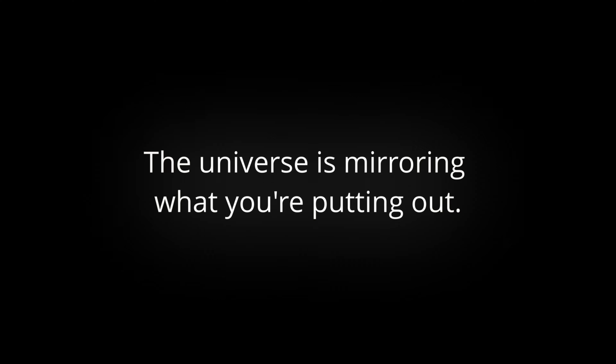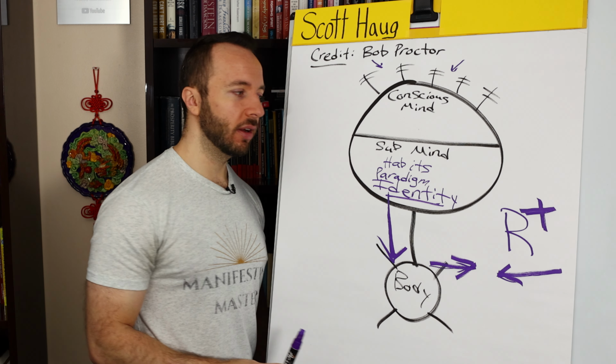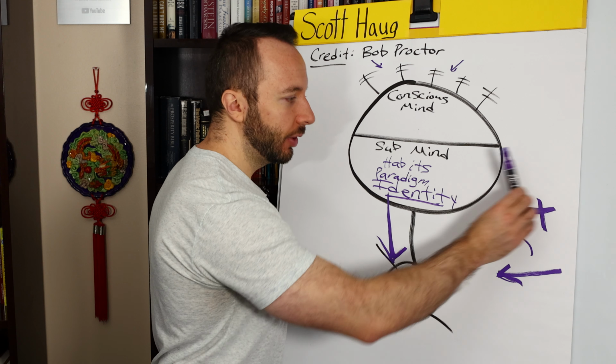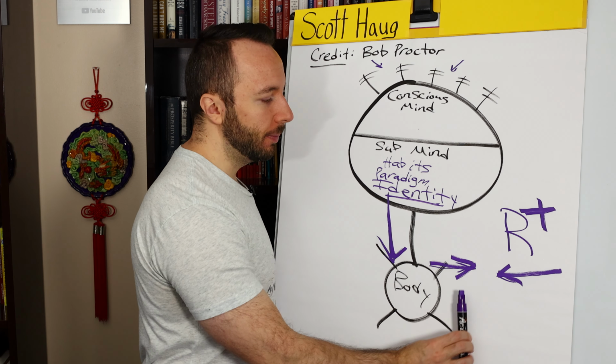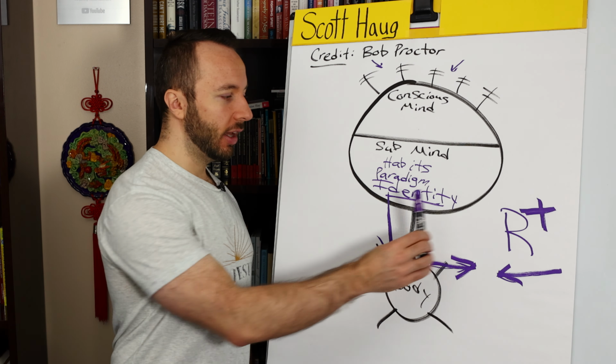Because the universe is mirroring what you're putting out. So if you have a vibration identity of 7-figure earner, all the ways in the universe and world will find ways to mirror what your identity is. So this mirror is mirroring anything you're putting out frequency-wise.